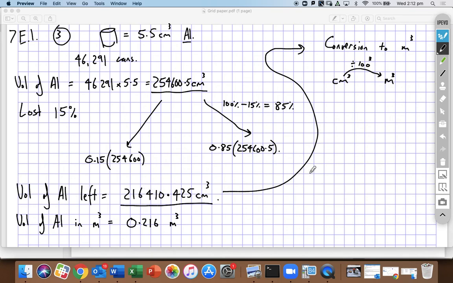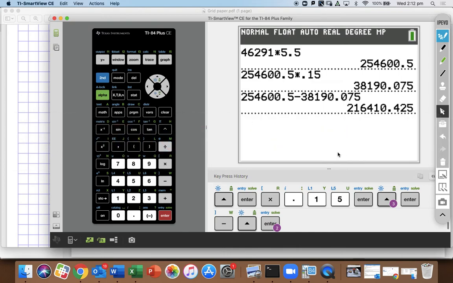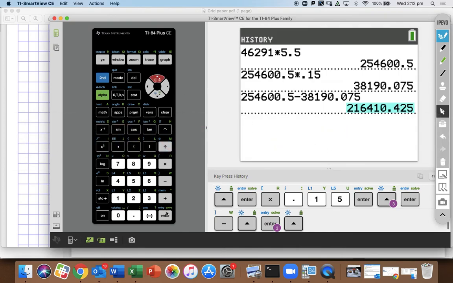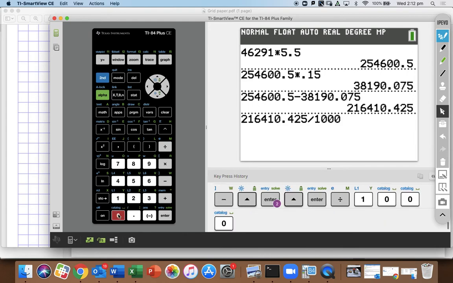Okay, so what I've done, you might choose to do this on a calculator. I've taken the answer and I've divided it by 1 million. So 6 zeros in 1 million. 1, 2, 3, 4, 5, 6.